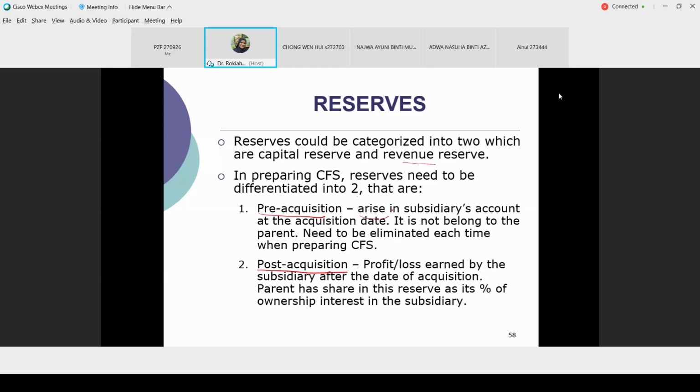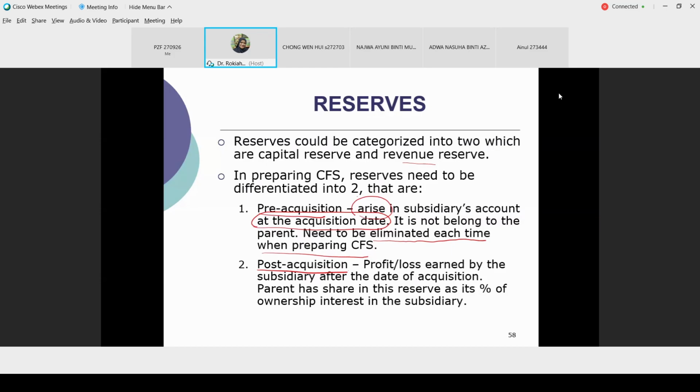Pre-acquisition reserve is any reserve that arises at the acquisition date. It does not belong to the parent, so it needs to be eliminated each time when preparing consolidated financial statements.